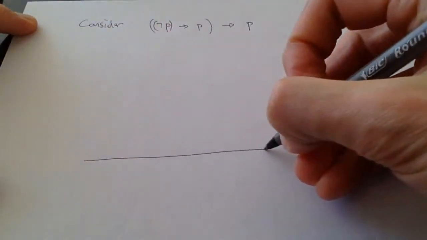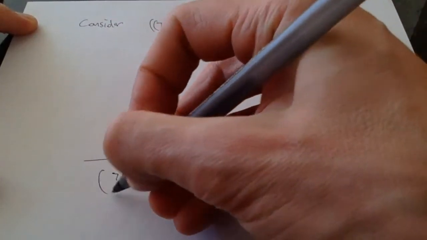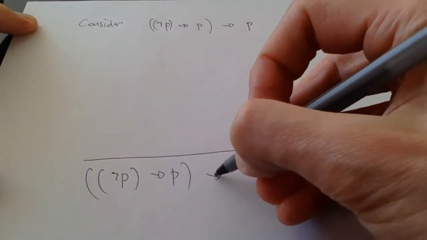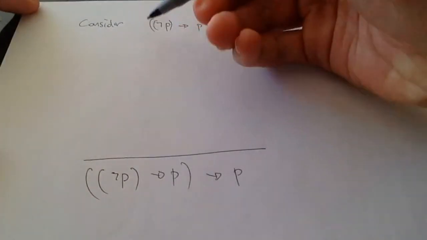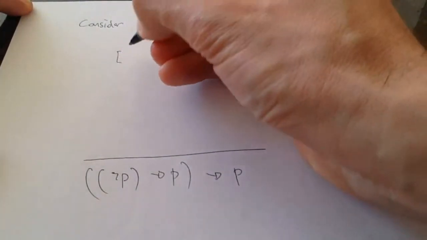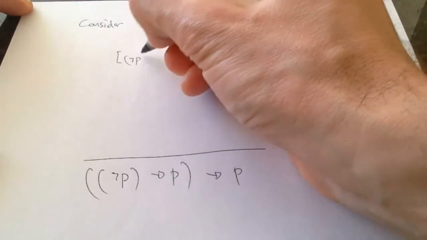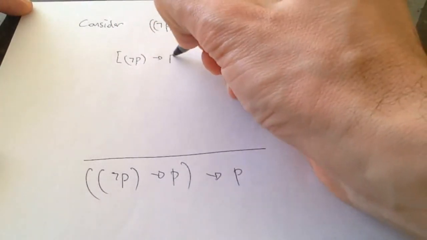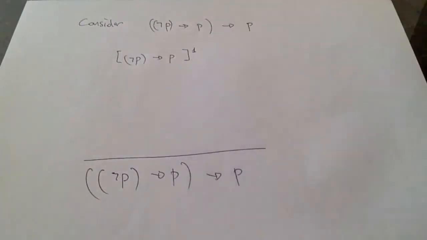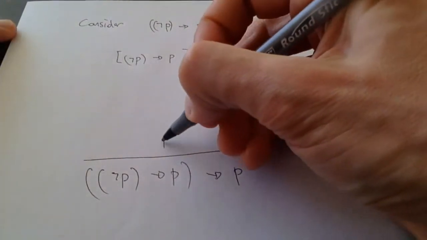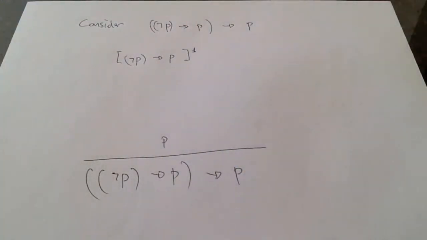So at the bottom here, I'm going to write not P implies P. This is our antecedent implies P. So this is what we want to derive. And somewhere up here, I will assume the antecedent, not P implies P. This is our antecedent, assumption number 1. And immediately above this line, I'll write P, which is what we want to arrive at.